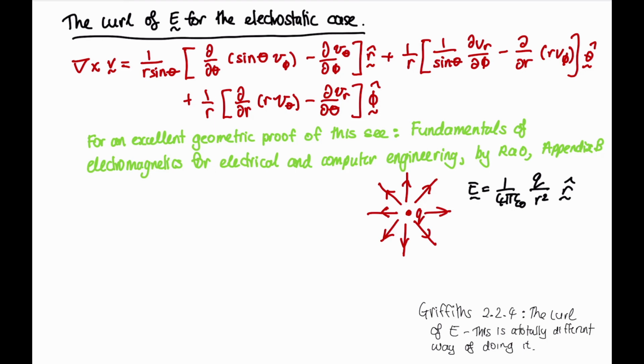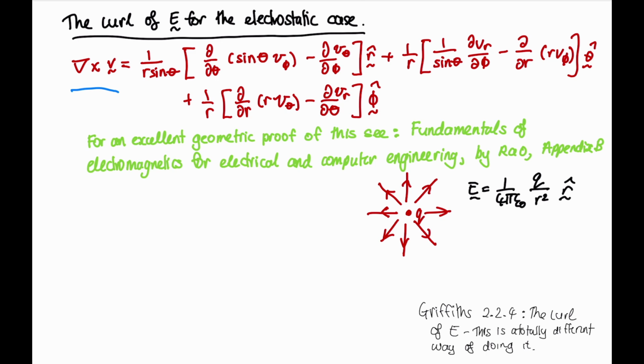So we're now going to consider the curl of E for the electrostatic case. For the demonstration of this one, I'm going to diverge a little bit from Griffiths. I think probably the easiest way to see this relationship is actually to consider how we define the curl using spherical coordinates. So this equation is written in the front of the Griffiths textbook, and you will be provided with it if you needed it for an exam.